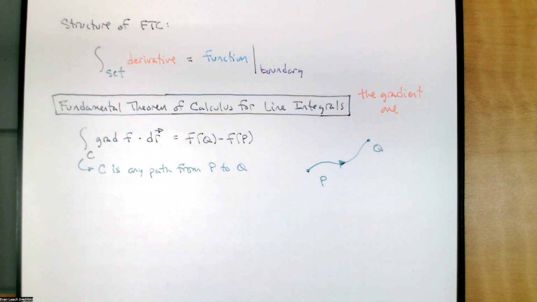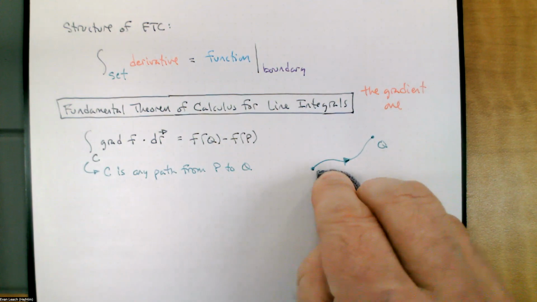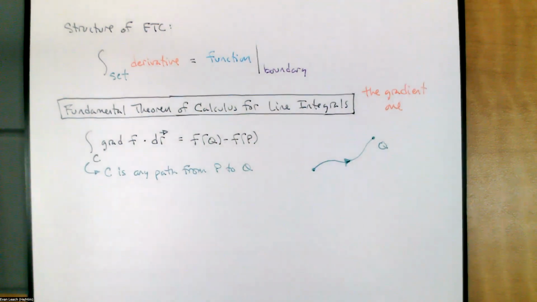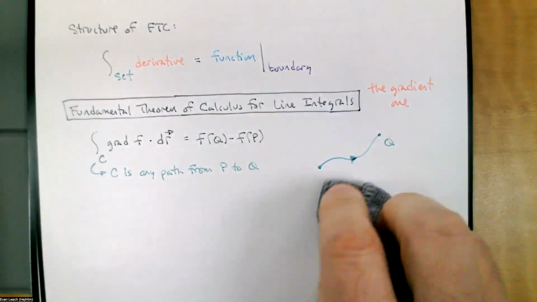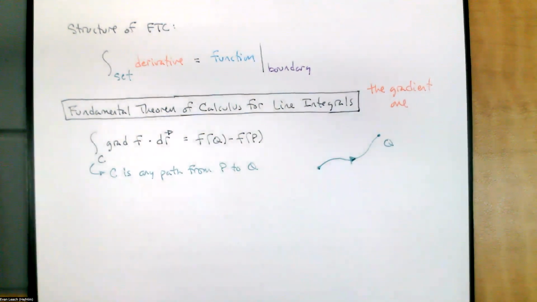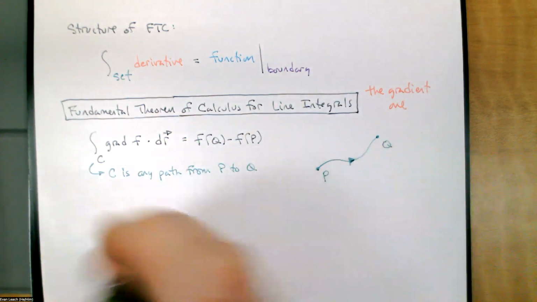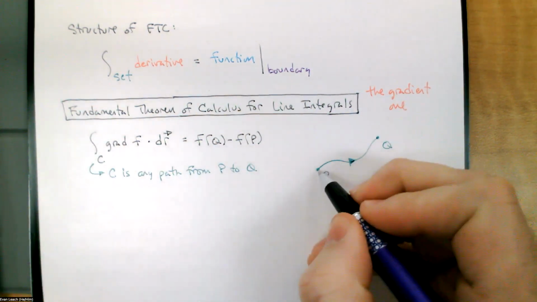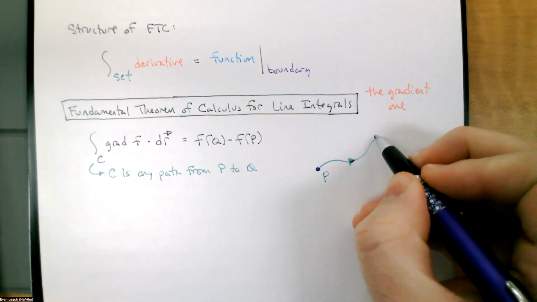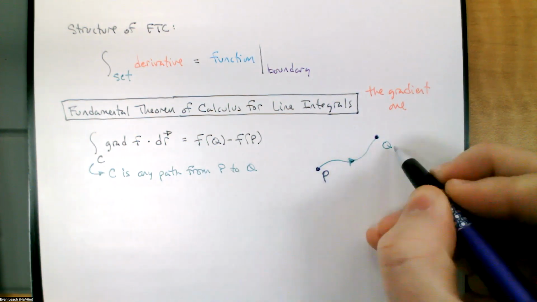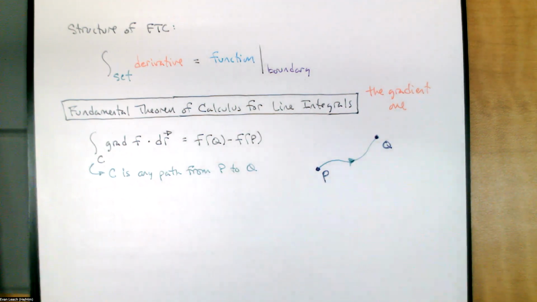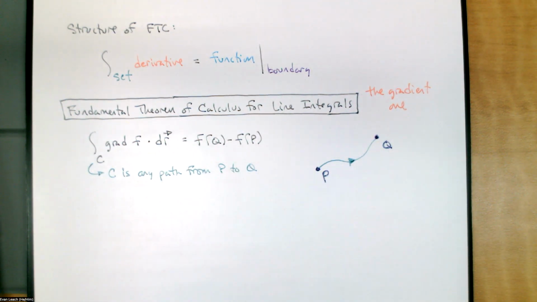This fits our model of the structure of our fundamental theorem of calculus. The gradient is standing in as the derivative. The set over which we are integrating is this path from P to Q. The endpoints, or the boundary of that set, are the points P and Q. And that is where we are evaluating the function.